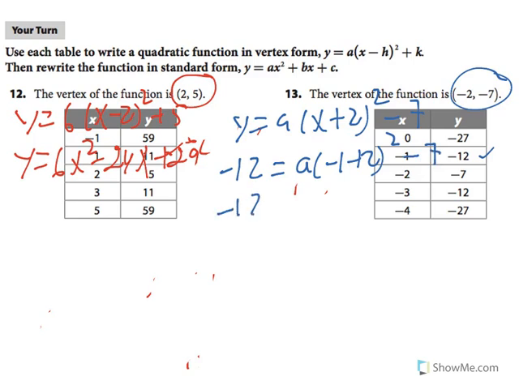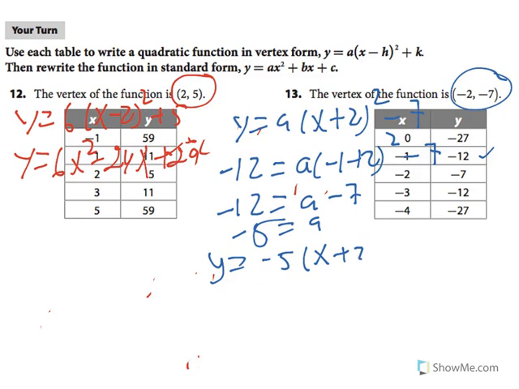So negative 12 equals a minus 7, plus 7 to both sides, so we have negative 5 equals a. So we have y equals negative 5 times x plus 2 quantity squared minus 7.